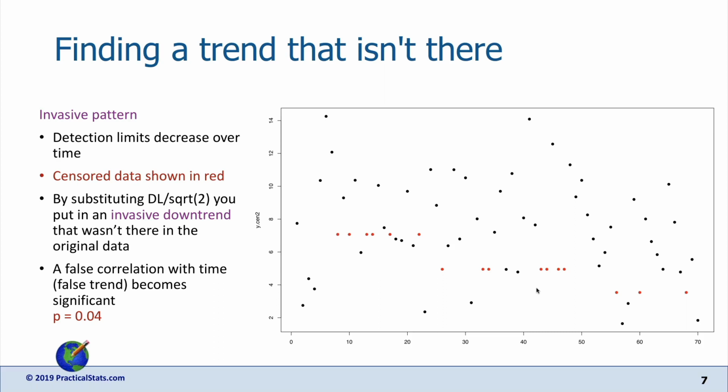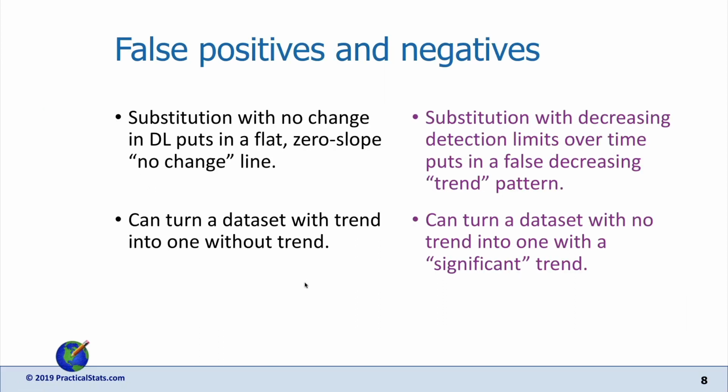So you create a correlation of concentration versus time, and this becomes significant with just this fairly modest amount of censoring of 20%. So we get a p-value of 0.04 and say that there's a correlation. There's a significant trend, a downtrend, when there's not. So you can find a trend that's not there.